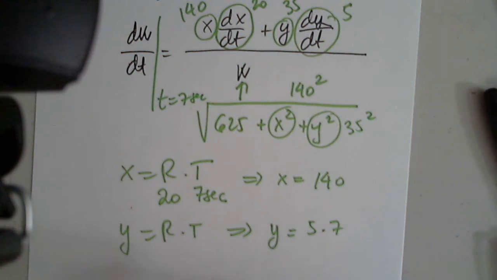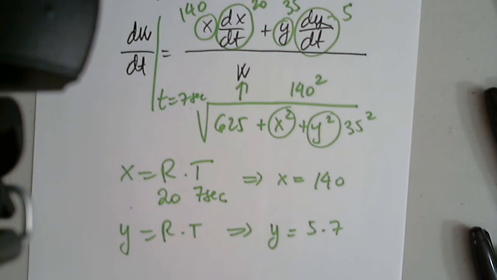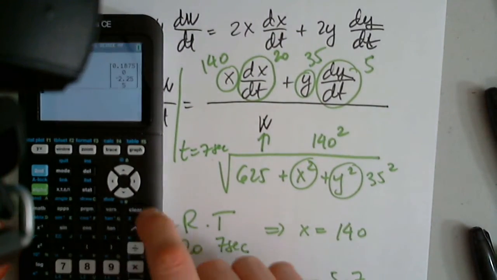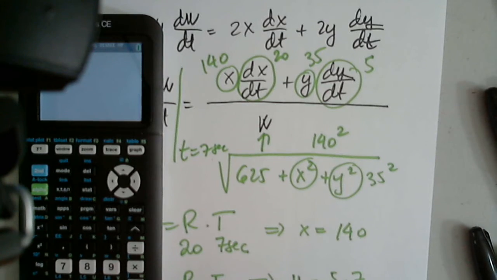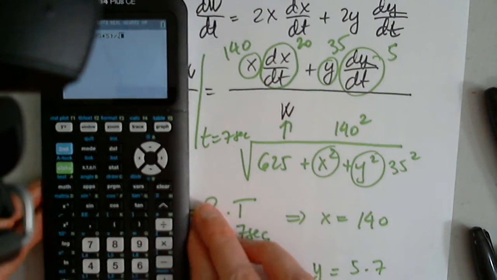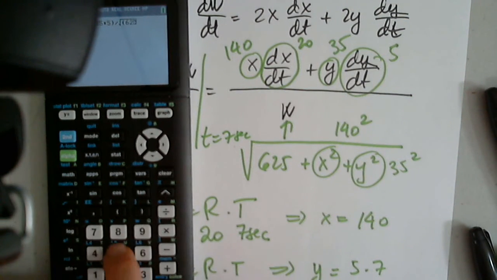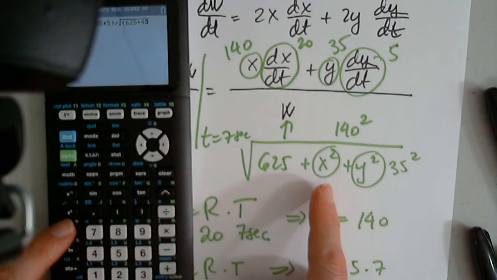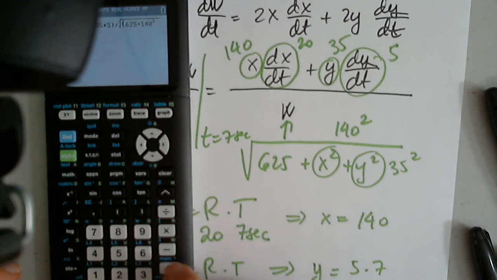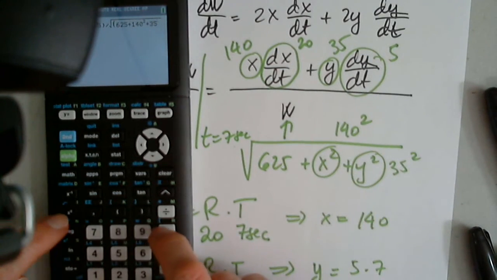Okay, so now we have to plug in all those numbers. What did I do with my calculator? Here it is. Okay, so careful with parentheses here. Parentheses 140 multiplied by 20 plus 35 multiplied by 5, close the parenthesis and divide by the square root. Now in the square root I have 625, which is the 25 squared, plus 140 squared, and then plus 35 squared.